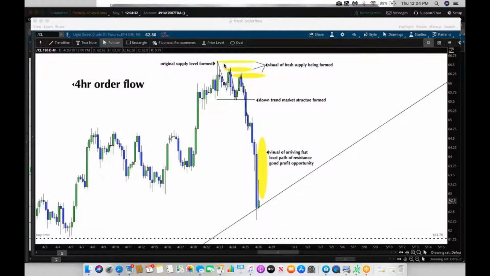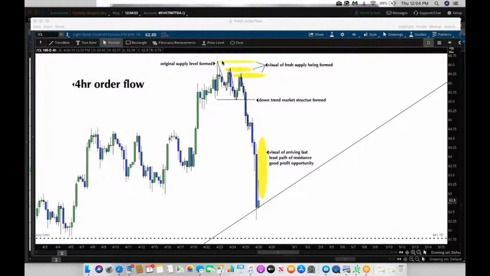So you've got to realize that fresh order flow is also the market forming your downtrend market structure. It's also the market forming the opposing order flow being broken. So this is the structure that you always see the market form when it's coming out of the zone.